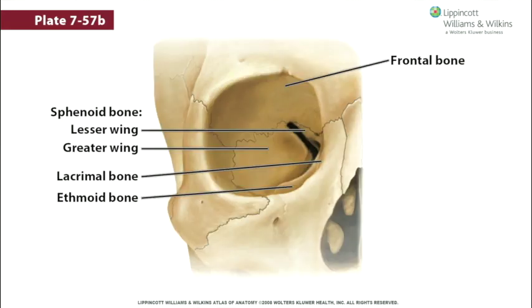Posterior to the lacrimal bone is the delicate orbital plate of the ethmoid bone, which is sometimes called the lamina papyracea in observance of its paper-thin appearance. At its junction with the roof of the orbit are 2 tiny foramina that transmit the anterior and posterior ethmoidal nerves and vessels.